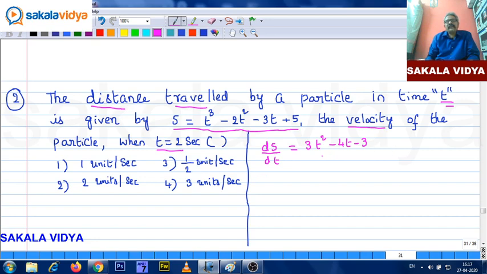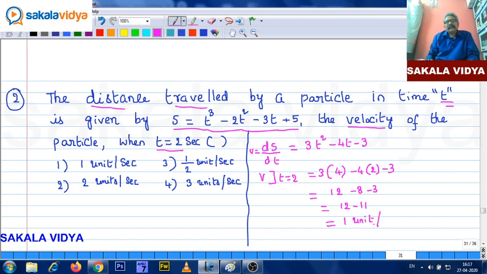So, this is the velocity v. Now, we need to find v at t is equal to 2 seconds, that is 3 into 2 square, 4, minus 4 into 2 minus 3. So, this is 12 minus 8 minus 3, that means 12 minus 11. So, that means 1 unit per second.